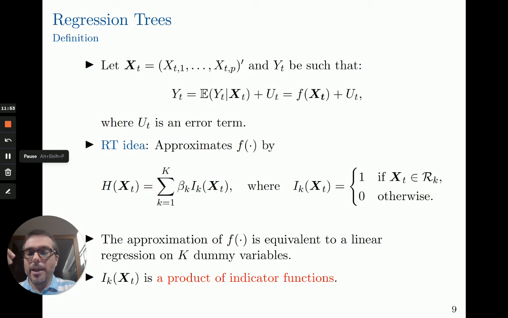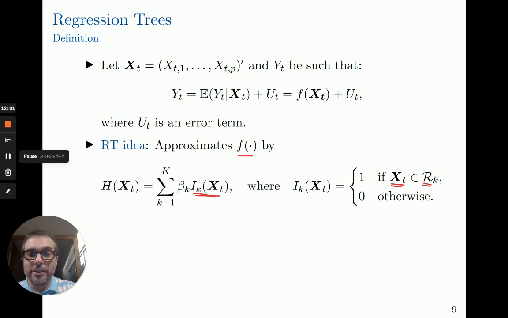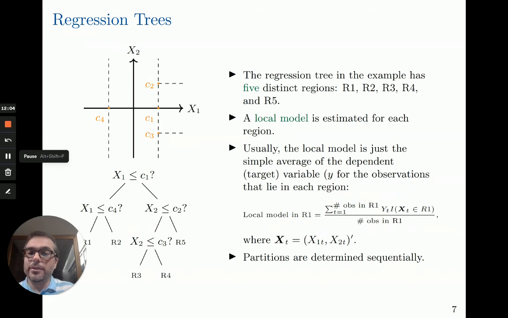And of course this I_k function is a product of indicator functions, because the indicator functions define this sequence of decisions. So we have one indicator function for x1 less or equal to c1, and region R5 will be the product of 1 minus this first function times another indicator function for x2 less than c2.